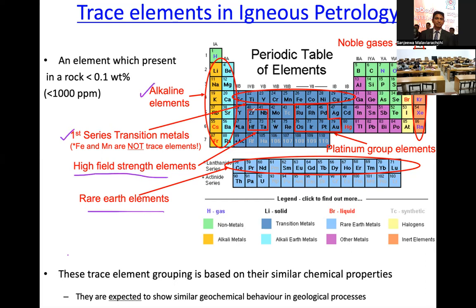So remember these: zirconium, niobium, hafnium, tantalum. Actually, we take them as couples: zirconium, hafnium, niobium, tantalum. These are called high field strength elements. We'll see why they are called like that.